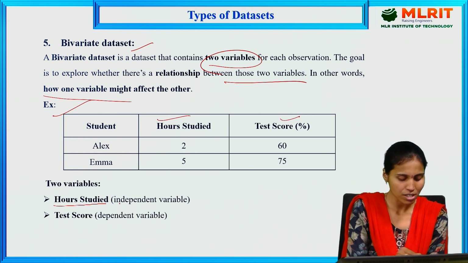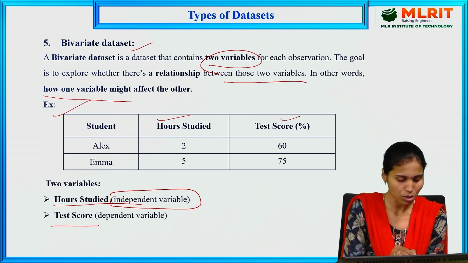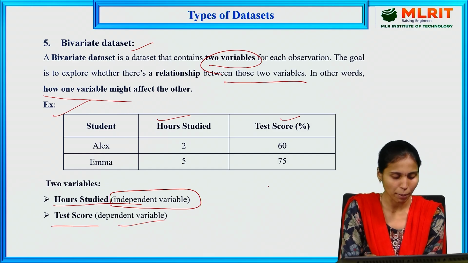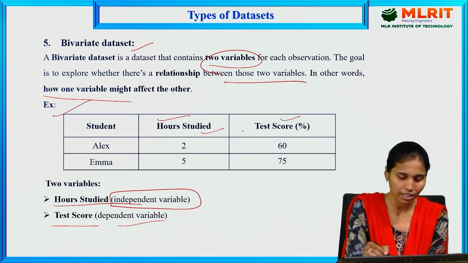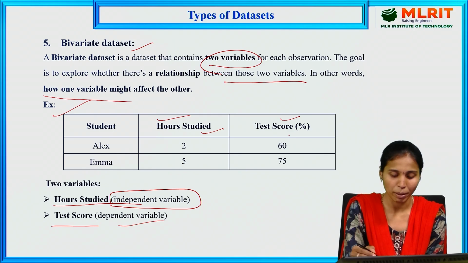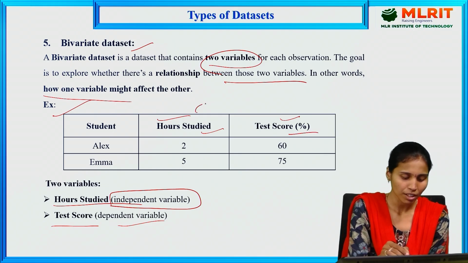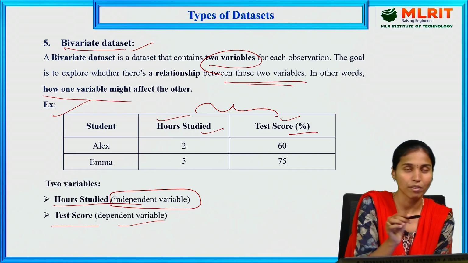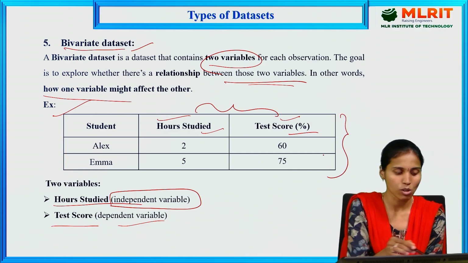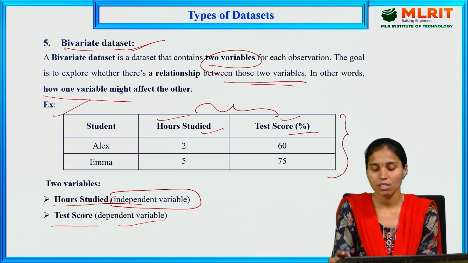Hours studied is an independent variable, test score is a dependent variable. If hours studied increases, test score also will increase. This relationship between two variables is called bivariate. So this type of data set is called a bivariate data set.